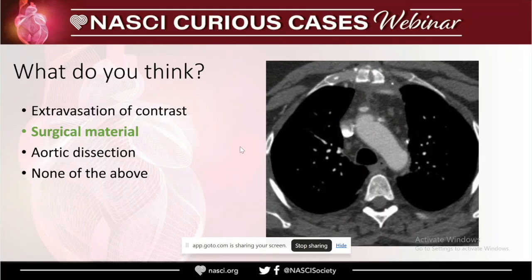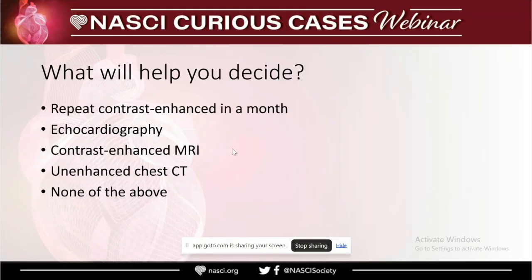But what do we need to make sure that it's actually surgical material and not some extravasation? So you have the option of repeating contrast in 1 month, doing echo, doing contrast enhanced MR, and non-enhanced CT, and none of the above.